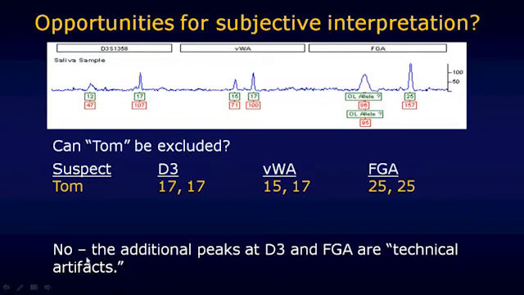And the answer, as you see in this slide, is no. And the reason that he can't be excluded is that his alleles are in fact showing up on the electropherogram that we have, and the things that aren't his alleles can be dismissed as technical artifacts, either baseline noise or things like these blobs. So at this point, we find ourselves saying it doesn't seem as if Tom can be excluded as a possible contributor to this particular evidence sample.